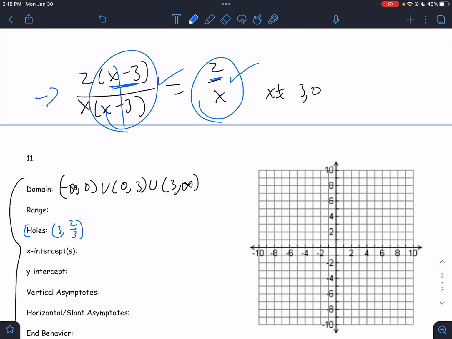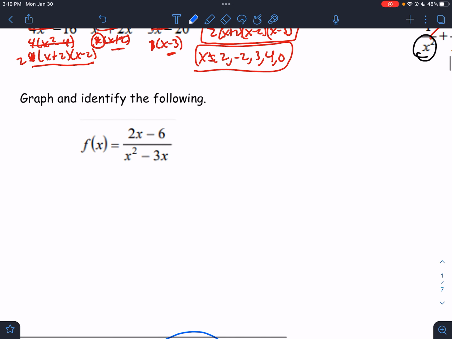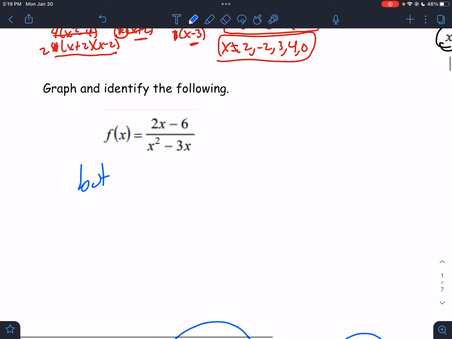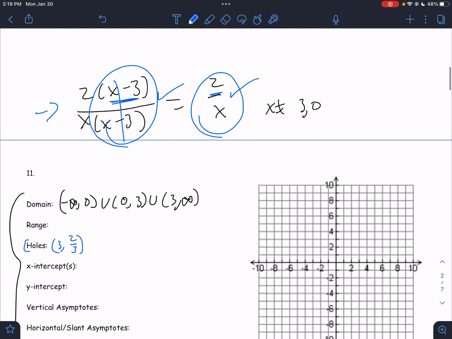The second thing you have to do is find any horizontal asymptotes. This one is bottom heavy. I'm not doing a big lesson on this, but if it's bottom heavy, it always has the asymptote y equals 0. The reason is the bottom is getting bigger way faster, so you have a small number over a giant number, which is basically 0.